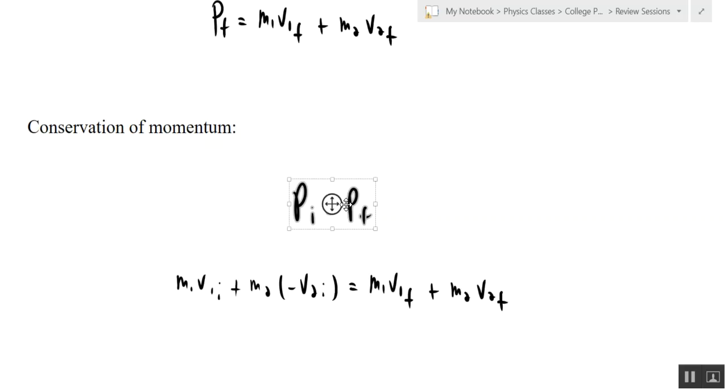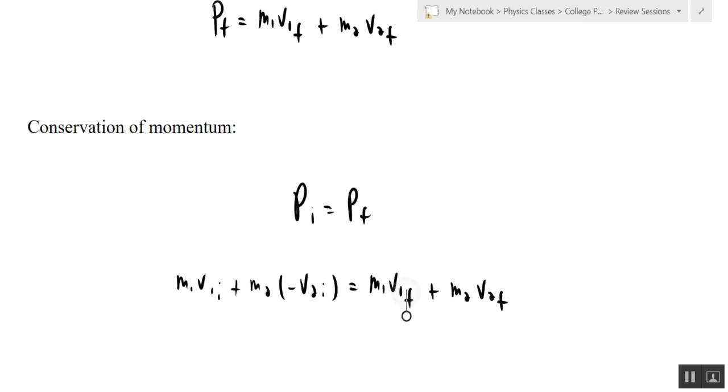Okay, so let's look at this equation and what we know and what we don't know. We don't know mass 1. We don't know V2I, exactly what it is. But we are given V1F, which is the velocity of mass 1 after they collide, and V2F, which is the velocity of mass 2 after the collision. And you know the directions too.